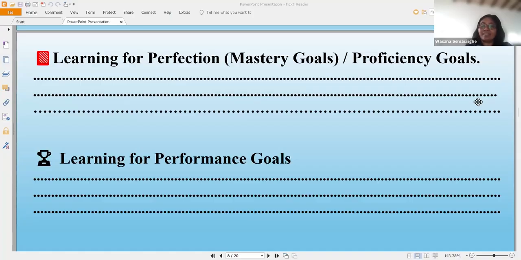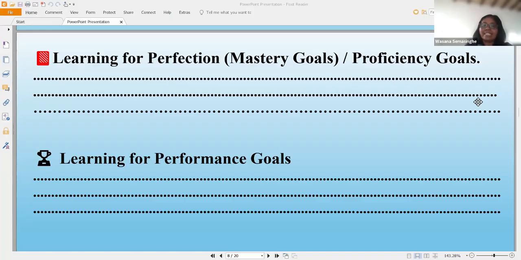That success is measured by personal growth rather than by comparing with others. As an example, a student may say, I want to understand algebra well so that I can solve any type of problem. This is a mastery or proficiency goal because the focus is on learning and improvement. He wants to use what he learned in real life situations.